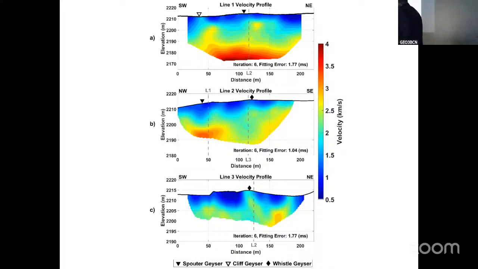So this is the refraction data, the seismic data. The reason we wanted to look at these is we assume that the silica sinter cement that creates the reservoir structure is going to be denser than the surrounding glacial till. So we would expect the seismic velocities to be higher.